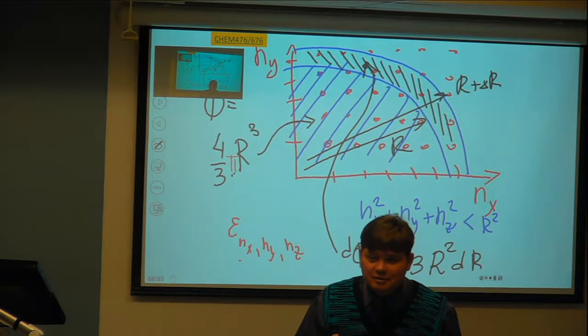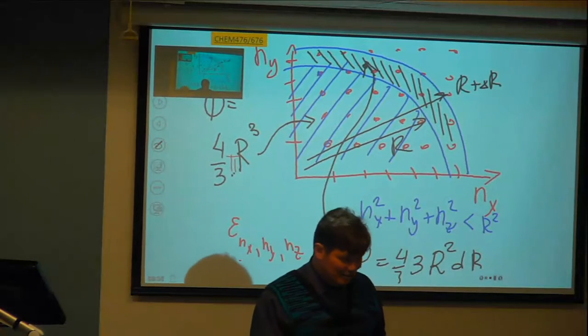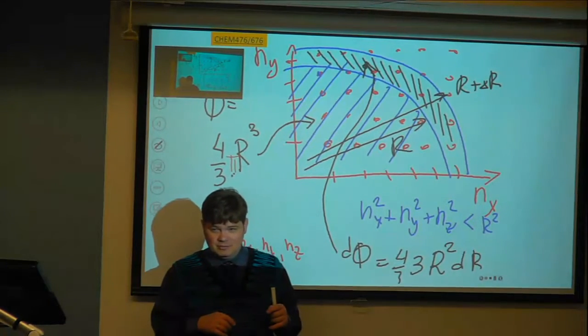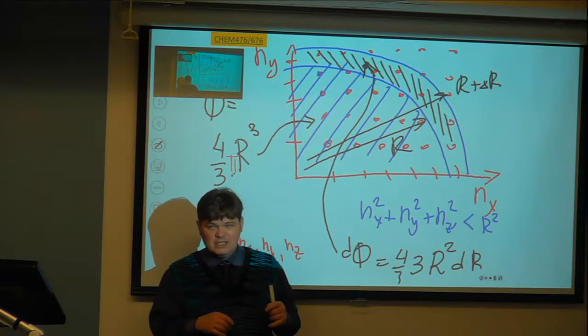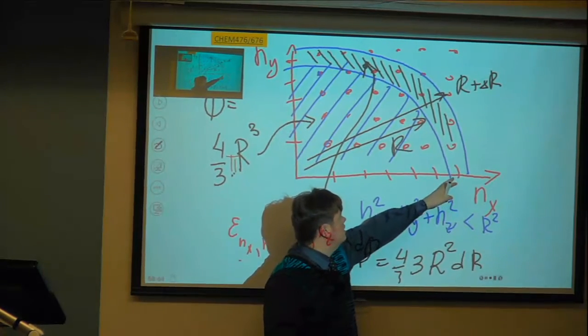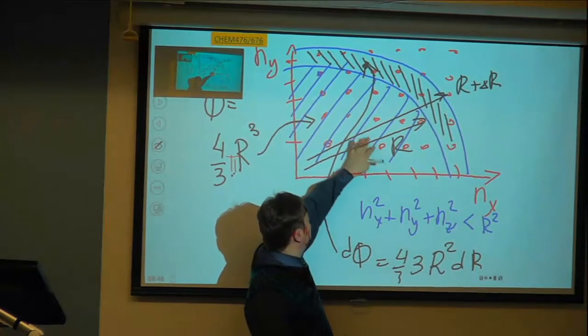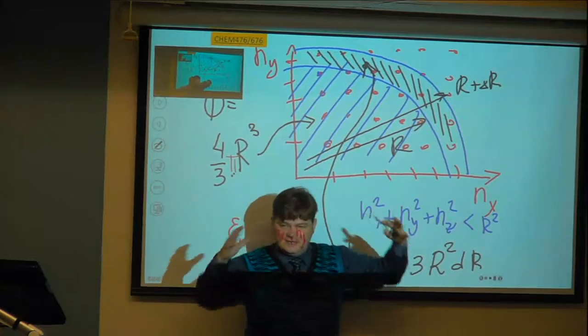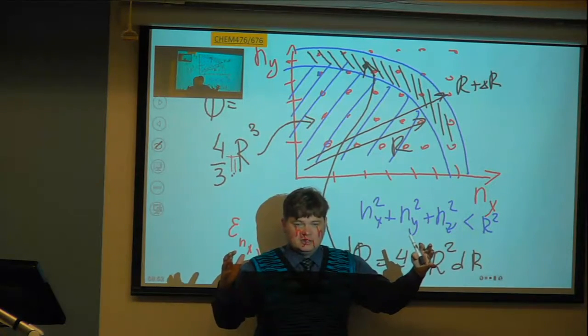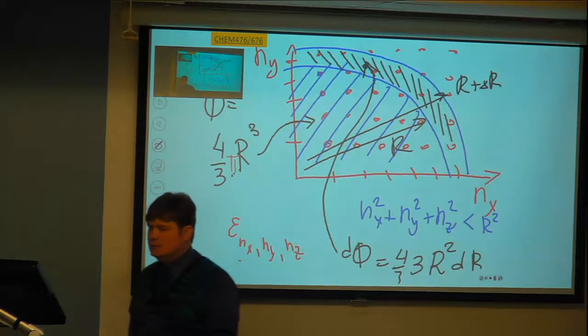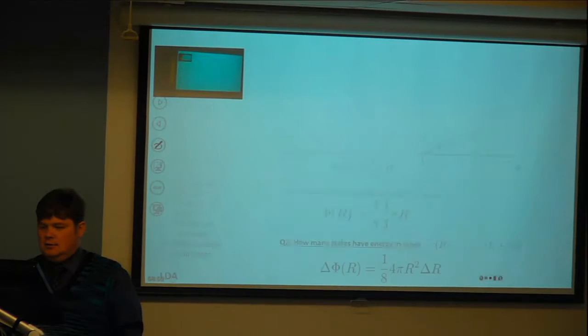So how much? Pi r squared. Okay, everyone agrees. And volume is 4/3 pi r cubed. So if we define the threshold, we can immediately, based on our high school geometry, find how many states have energy less than a threshold. Good.